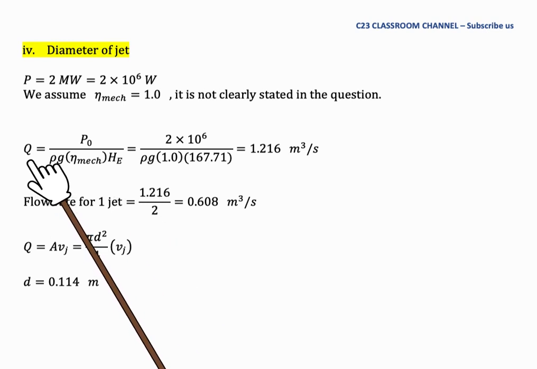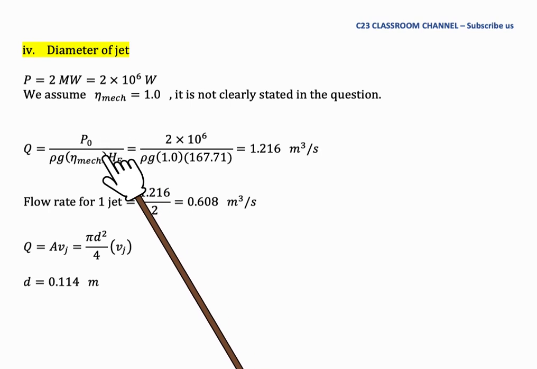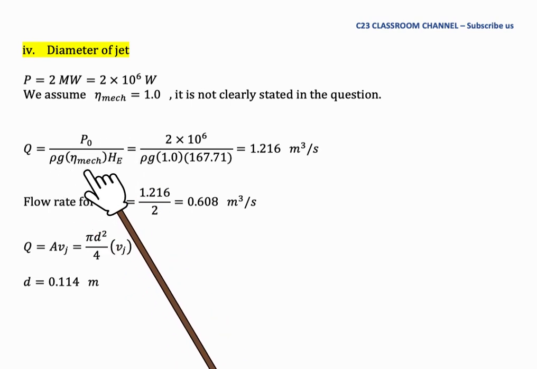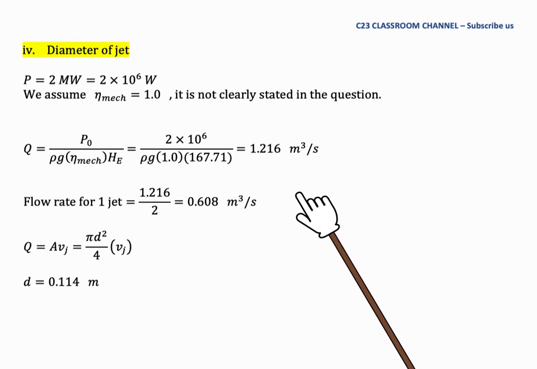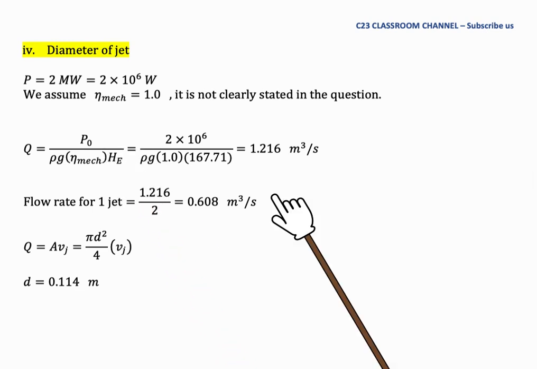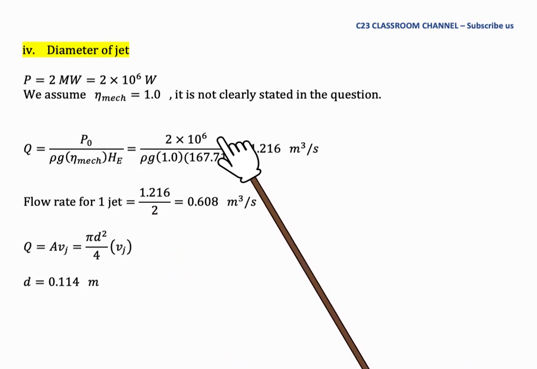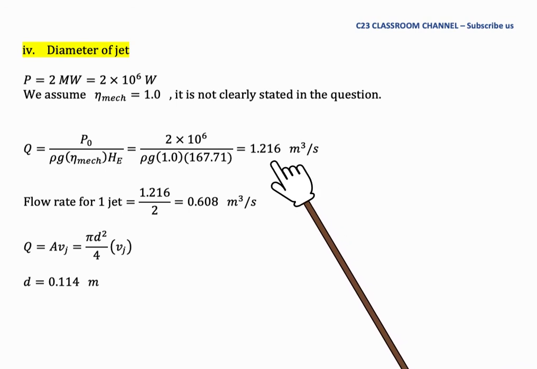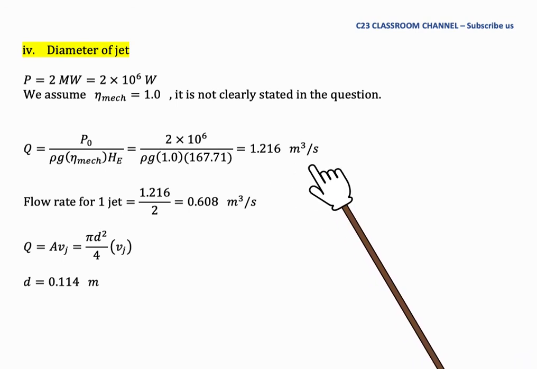The equation will become power out over rho g, mechanical efficiency and Euler head. And please remember that in mechanical efficiency, Euler head will become the input, and the power output is always given in the question. So from this equation, we could calculate the flow rate is 1.216 meter cube per second.